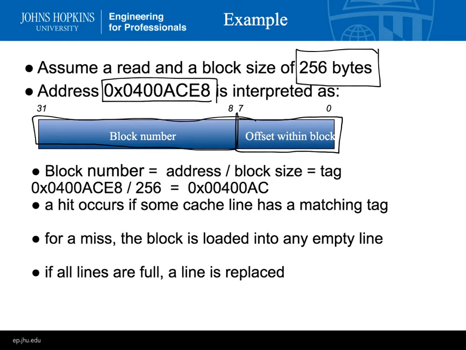So the tag is going to be the upper bits, or we divide it by the block size. Or, obviously you can just take this upper part, and that's the tag. So we look at all the lines of the cache and see if this is the tag, and then we go to this offset in the block if it's a hit.